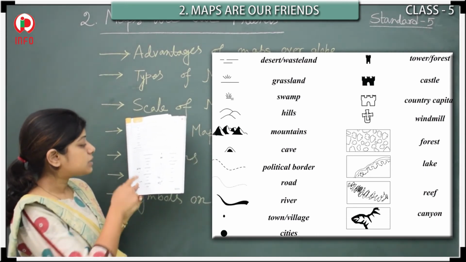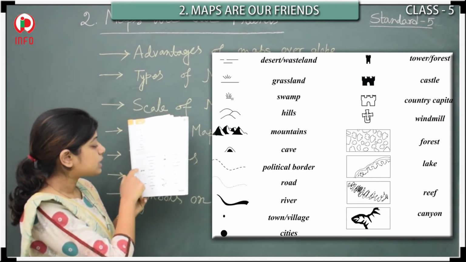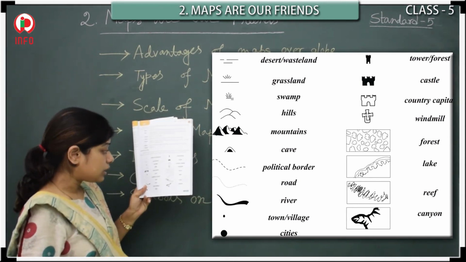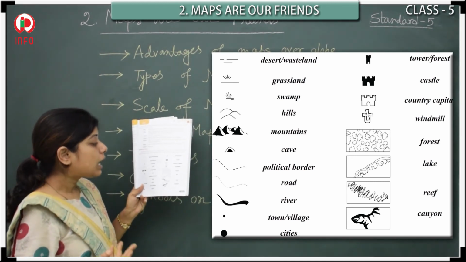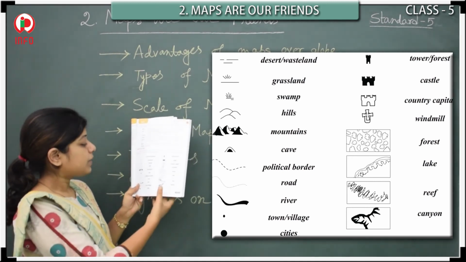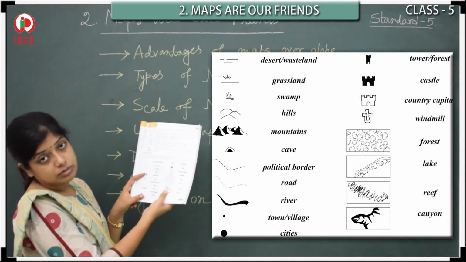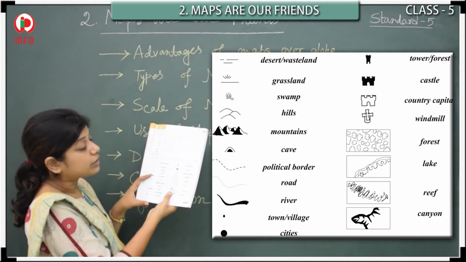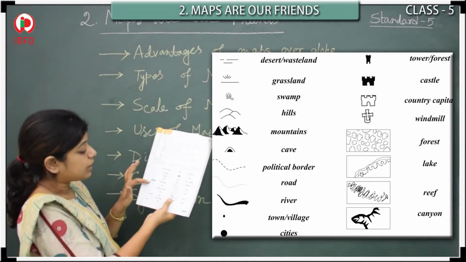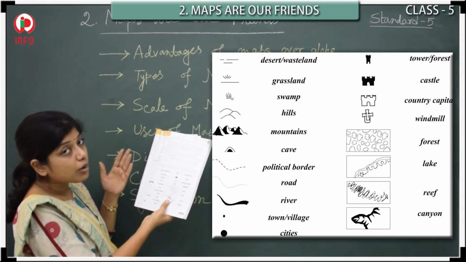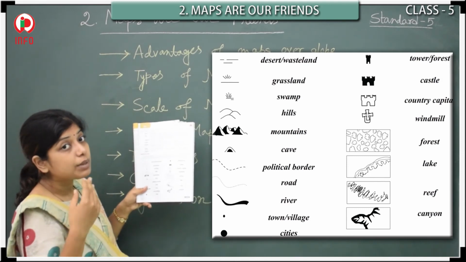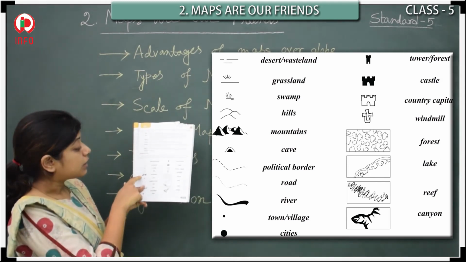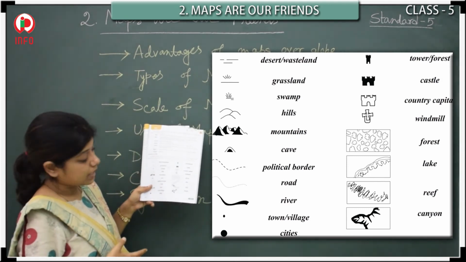Next, this symbol is used for the swamp, that means uncultivated ground. Next, this kind of symbol is used for the hills. This one is used for the mountains. You know that compared to hills, the mountains are bigger in size. See here, they are also prominent in size.